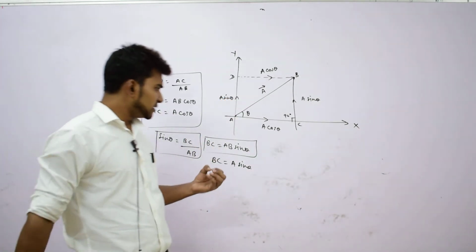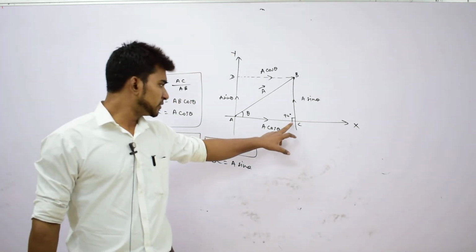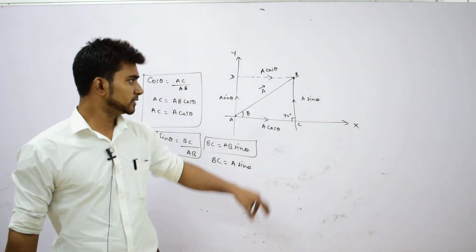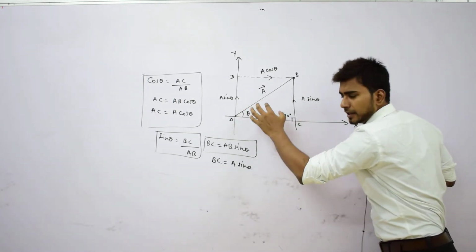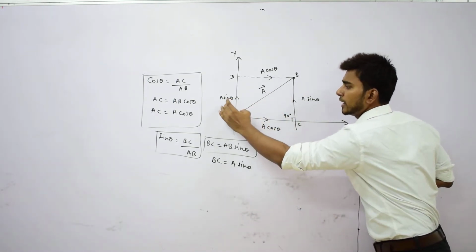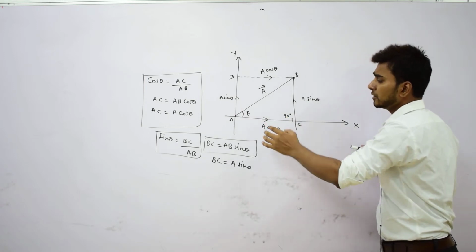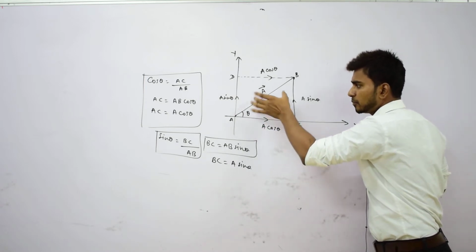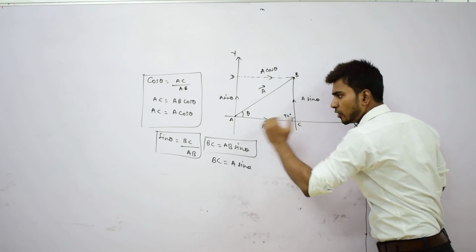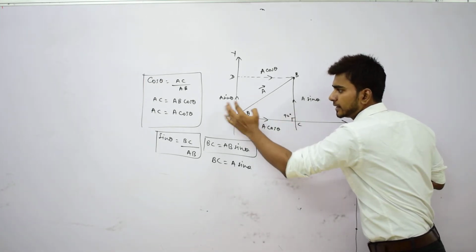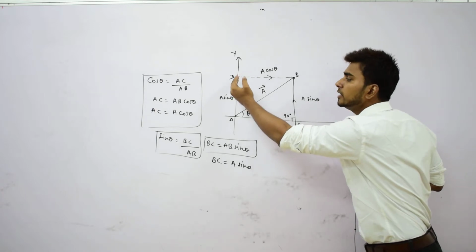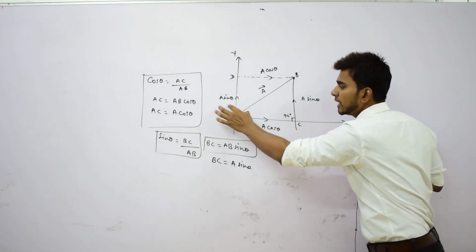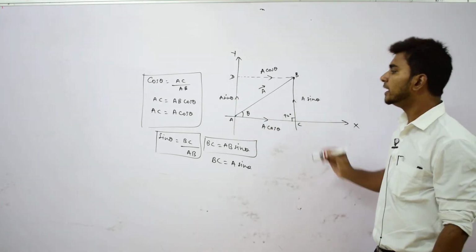So the important thing to understand from this derivation is that the vector has components A cos theta and A sin theta. See it carefully: A cos theta is the projection of this vector on the horizontal line, and A sin theta is the projection of this vector in the vertical direction. So horizontal and vertical components can be taken.